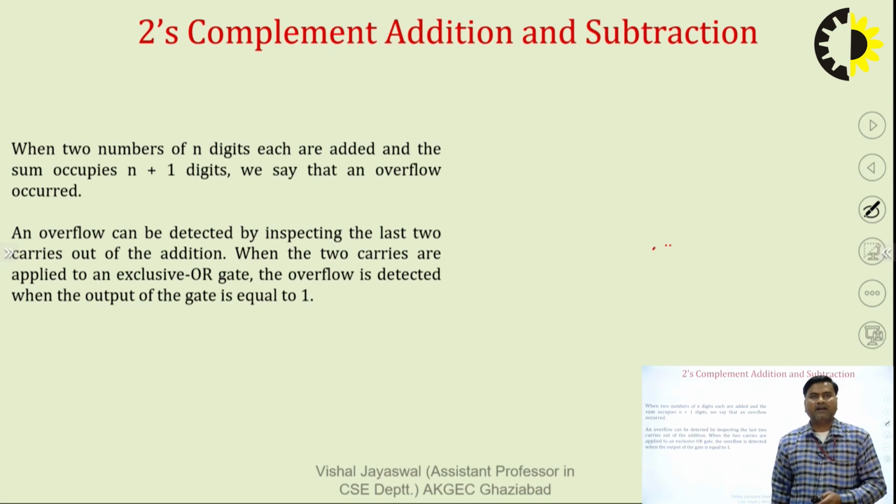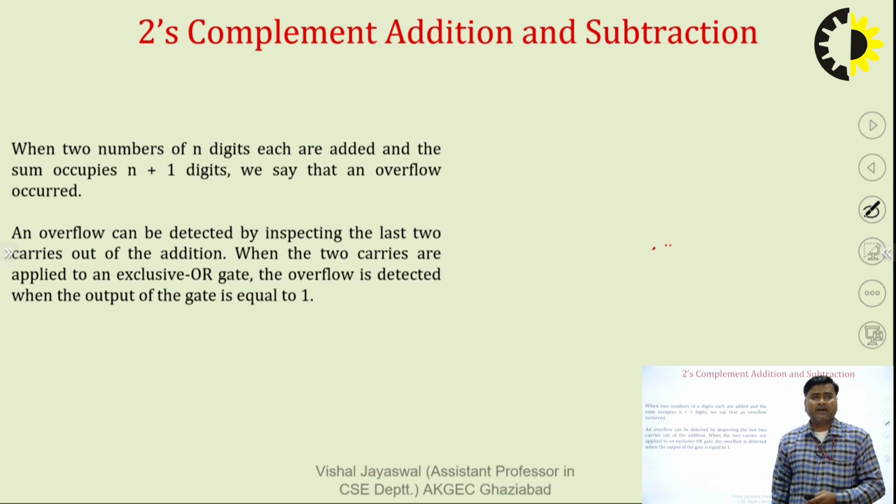Basically, when we add two numbers or subtract two numbers, there is a possibility of overflow. Overflow occurs when the numbers have the same sign, either positive positive or negative negative. If we add numbers with the same sign or subtract numbers with the same sign, then the possibility of overflow will occur.